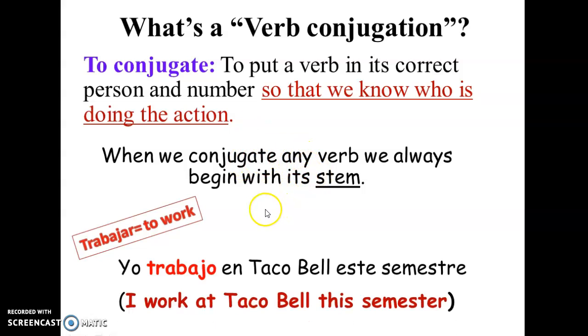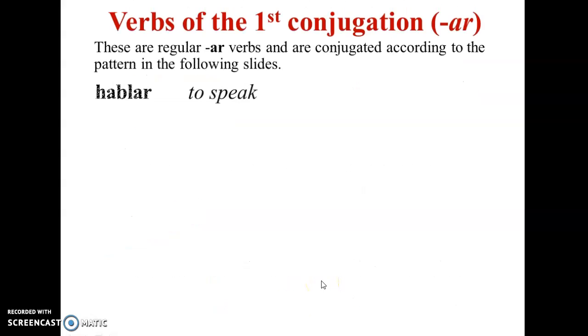And for example, here using the verb trabajar, which is to work, I can say, yo trabajo en Taco Bell este semestre. So, I work. Here it is conjugated. See? I work. Yo trabajo. And then the rest of the information, which is Taco Bell this semester.